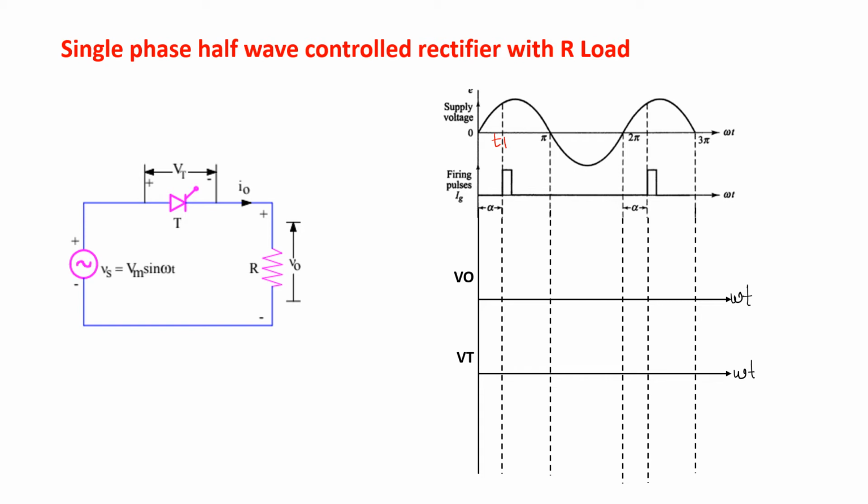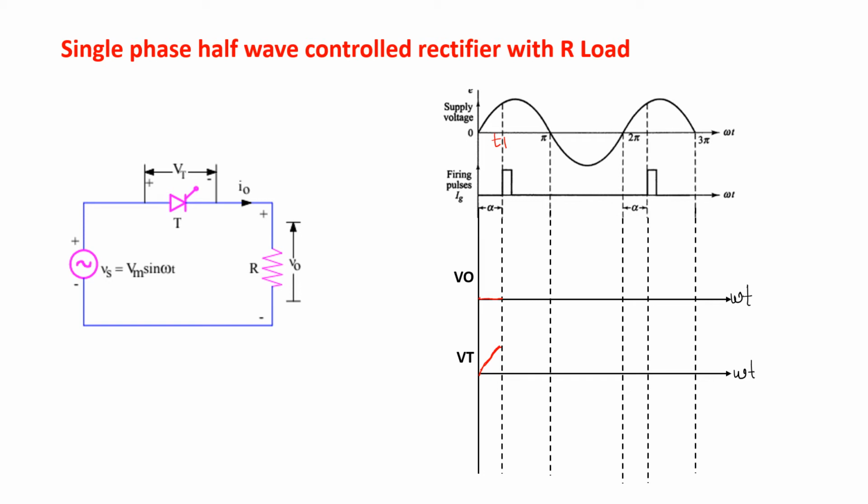So we draw zero voltage here. The SCR in the off state offers very high resistance, and the voltage across the SCR is approximately equal to the supply voltage.